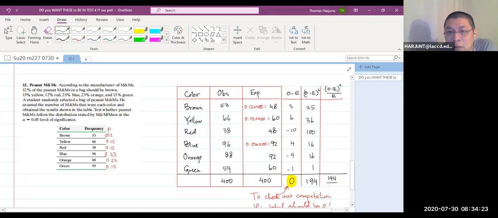Oh, sorry, I cannot do that. This will be 25 over 48. This is 36 over 60. This is 100 over 48. 16 over 92. 16 over 92. And 1 over 60. Then we use our calculator to compute that.